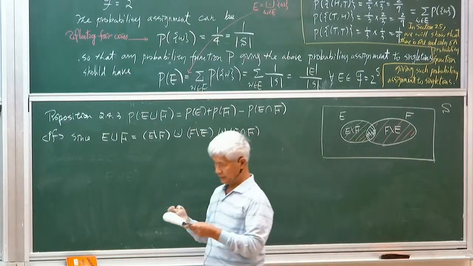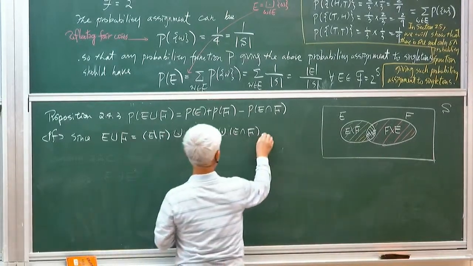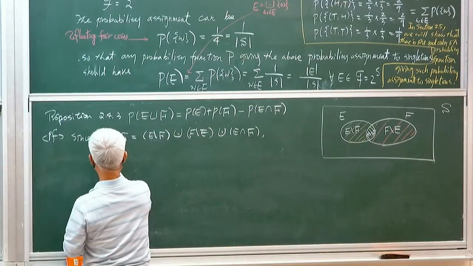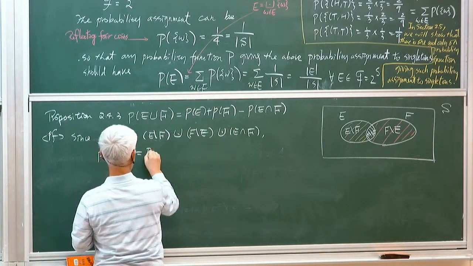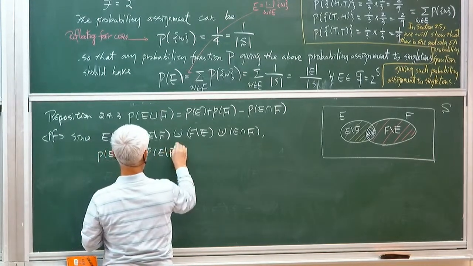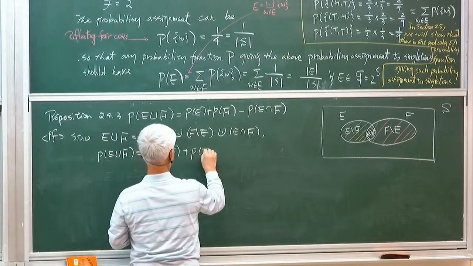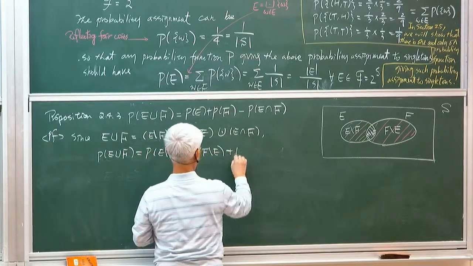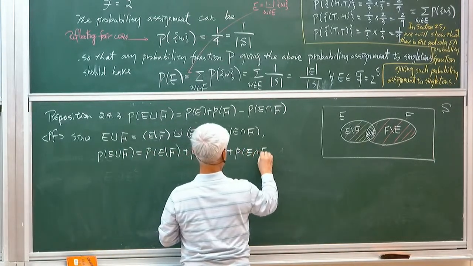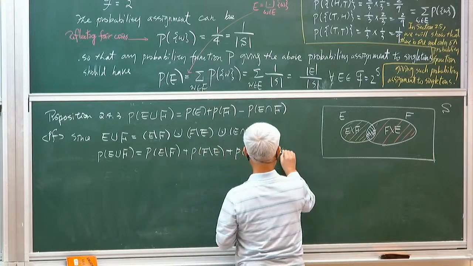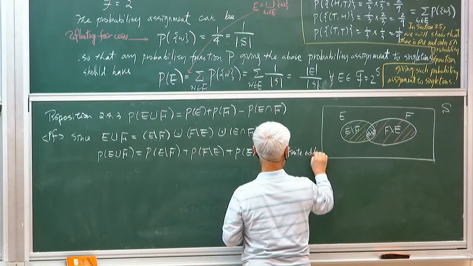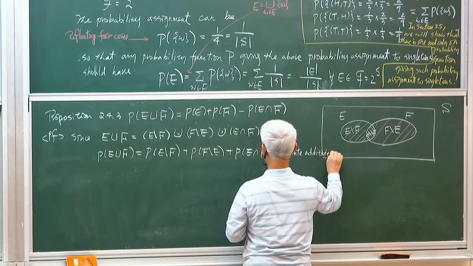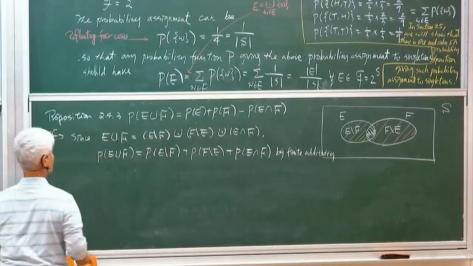Okay, you have a disjoint union, so that by finite additivity.